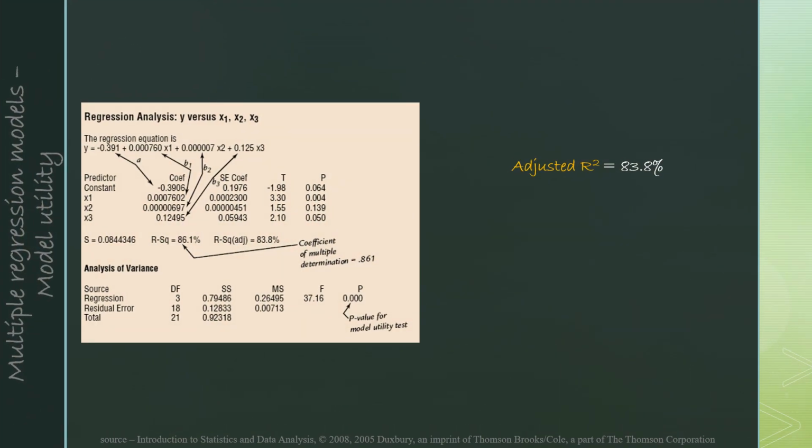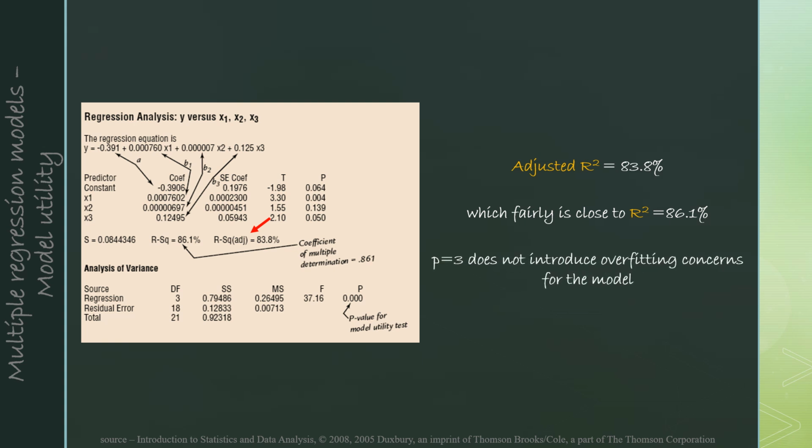Getting back to the model results on the college data, we see adjusted R square equals 83.8%, which is fairly close to R square, which is 86.1%. And therefore, the number of predictors p equals 3 does not introduce overfitting concerns for the model.